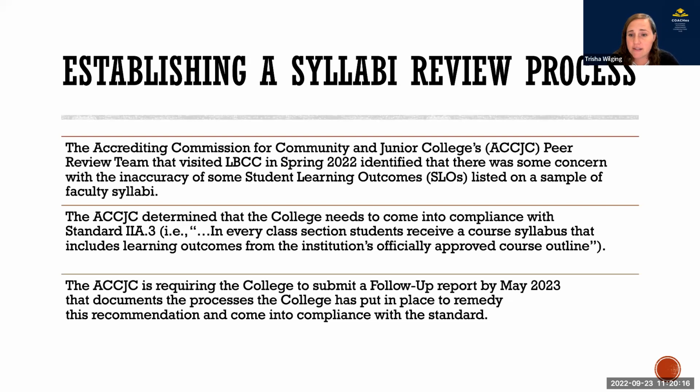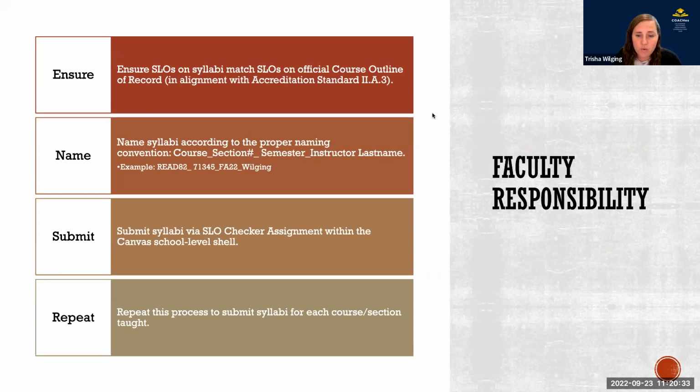And so because ACCJC is requiring LBCC to submit a follow-up report in May of 2023, we had to put a process into place to remedy this recommendation. And so what we did is we really put a lot of the ownership on faculty.